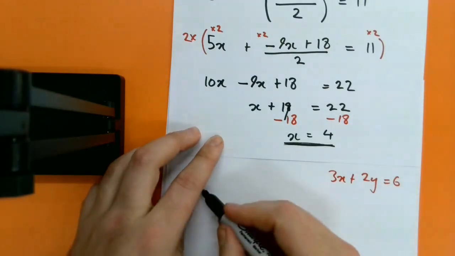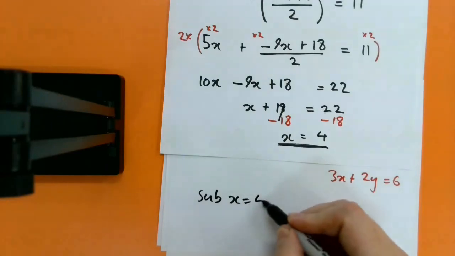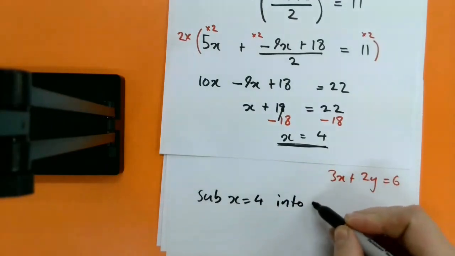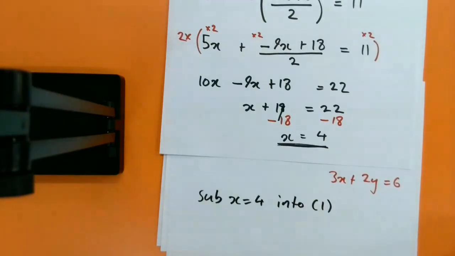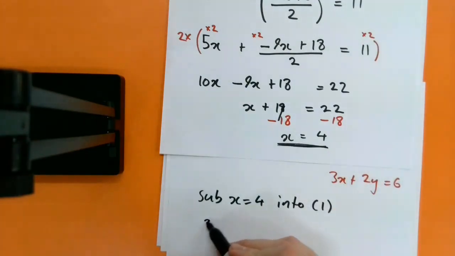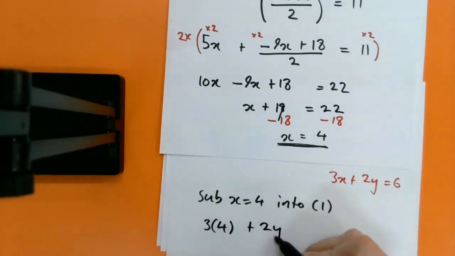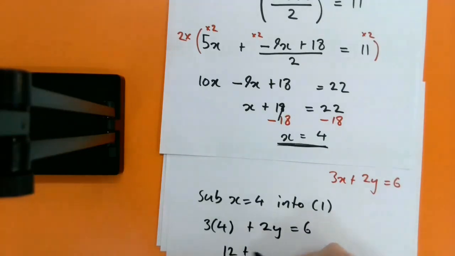So I'm going to sub x equals 4 into equation 1. Now that means wherever we see an x, we now replace it with a 4. So 3 times 4, 3x, plus 2y is equal to 6. 3 times 4 is 12, so we have 12 plus 2y is equal to 6.